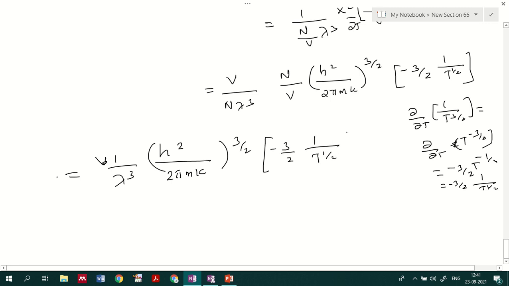Now if I multiply and divide by T here, I will have a notation.